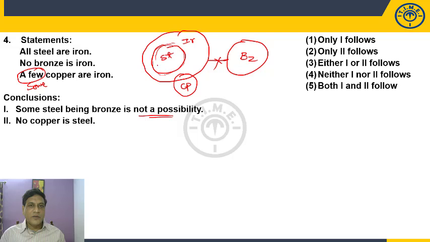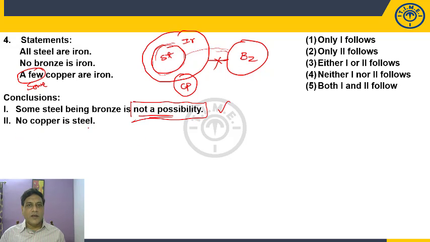The entire steel is inside iron, and iron and bronze cannot have any intersection. To make some steel bronze possible, either the circle bronze should go inside the iron circle, or the circle steel should come out of the iron circle. Both are not possible. So, "some steel being bronze is not a possibility" is correct.